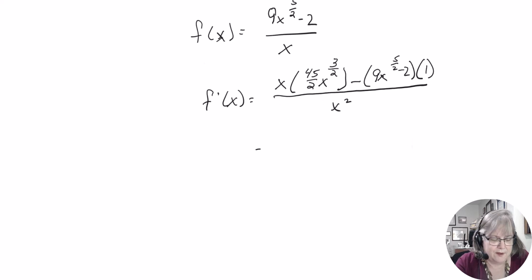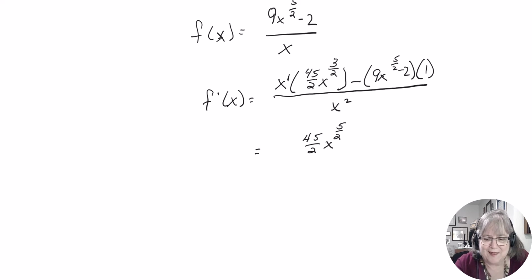Okay, so when we multiply this out, we have 45 halves x, and x to the first times x to the 3 halves is x to the 2 halves plus 3 halves, which is back to the 5 halves again, which makes you wonder if you got stuck in a loop.